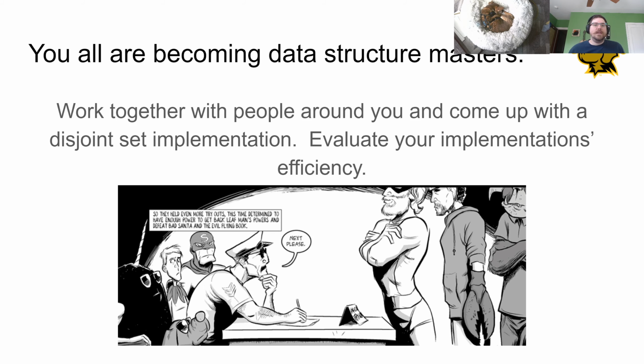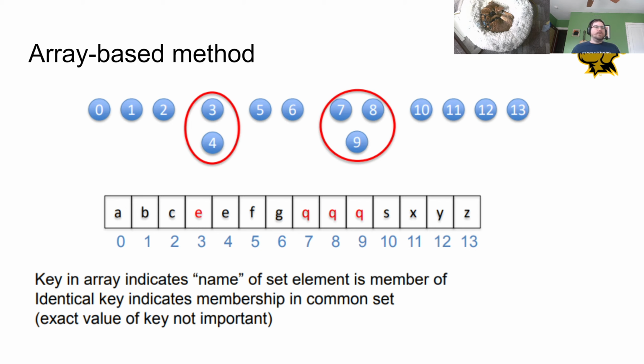So we've had some ideas. Let's talk about it. What if we use an array? Here we have 13 items. We're going to say that each item has a unique ID, which will be its slot in the array, right?